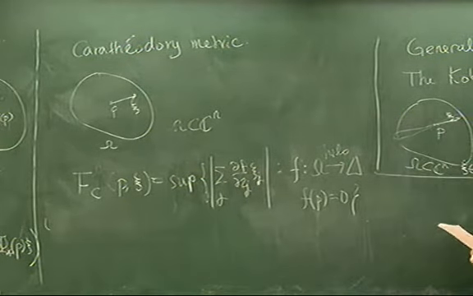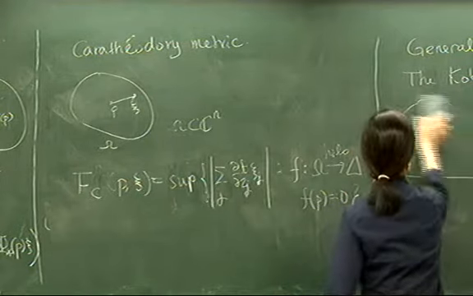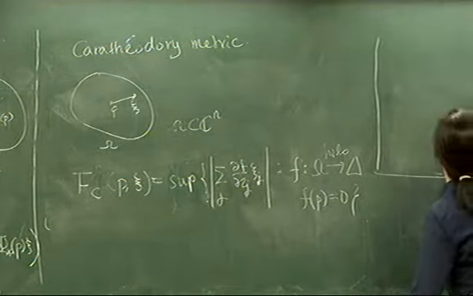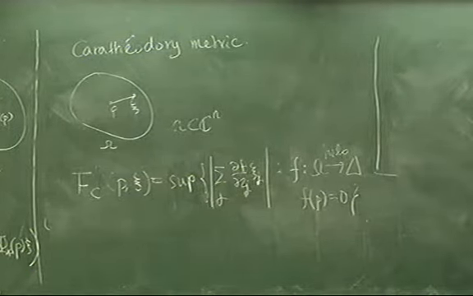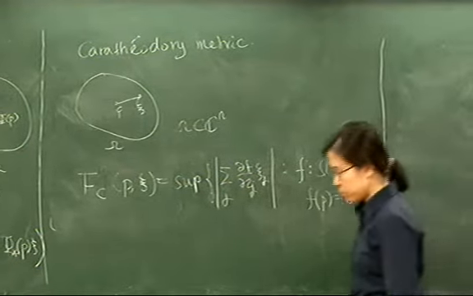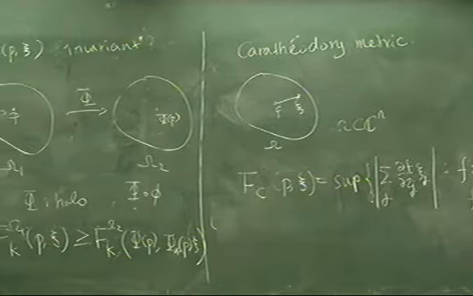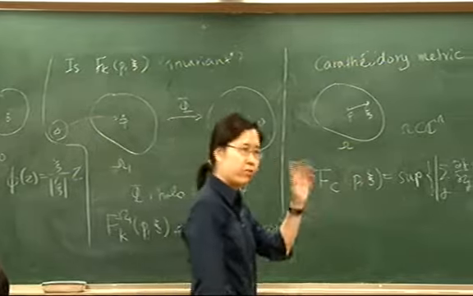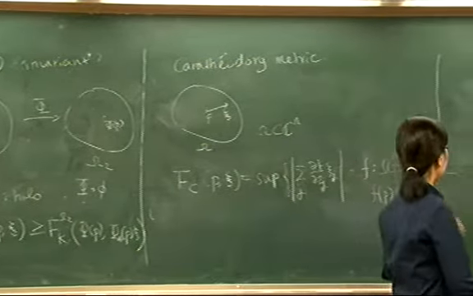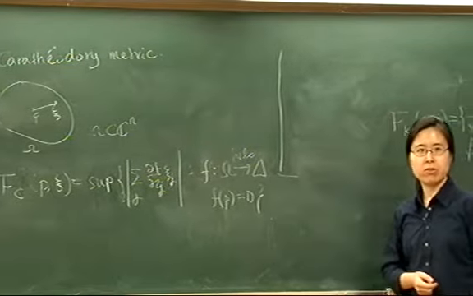And this is the Carathéodory metric. This Carathéodory metric satisfies the same property as the Kobayashi metric. It decreases under holomorphic mappings, and hence it is invariant under biholomorphic mappings. And it is equal to the Poincaré metric on the unit disk.